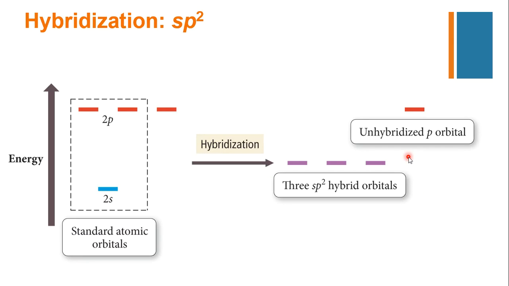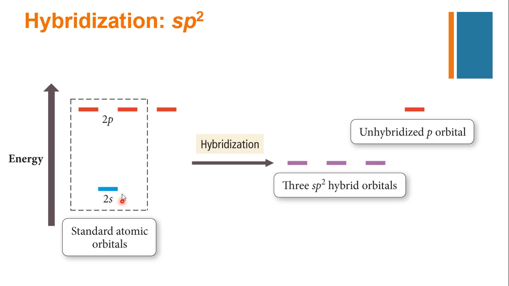So not everybody does this sp3 hybridization. There are going to be some instances where we don't necessarily need 4 hybrid orbitals. What if we just need 3 hybrid orbitals? Okay. So if we need 3 hybrid orbitals out on the other side, that means we just need to put 3 standard orbitals in.